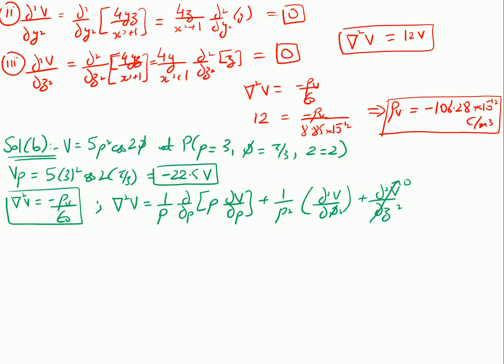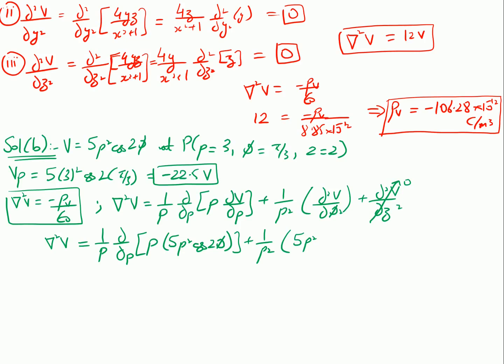Now for del square v, just input the values: 1 by rho, the partial derivative of rho times partial derivative of v. What is v? V in this case is 5 rho square cos of 2 phi.